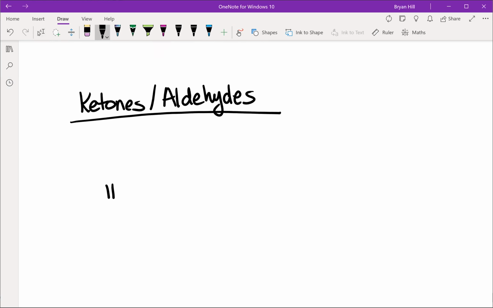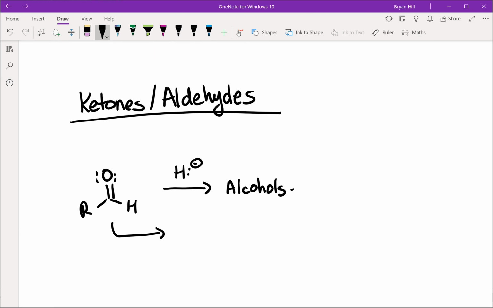So we've just seen that if you've got an aldehyde or a ketone, you can react these with H- to make alcohols. Or you can react it with, say, R- Grignards to make alcohols too.